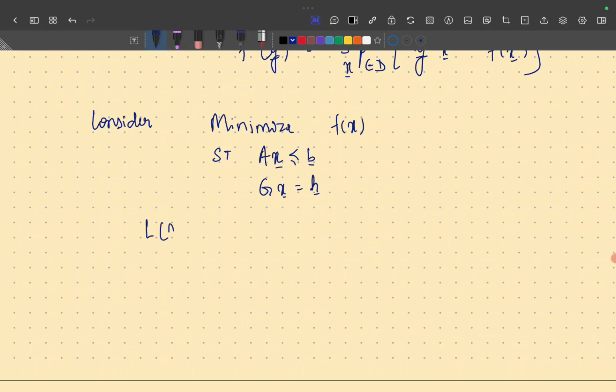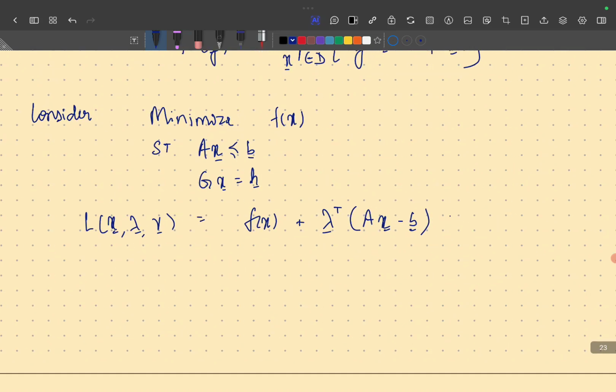Let's try to compute the dual of this particular thing. So the Lagrangian L of x, lambda, nu is equal to f of x plus lambda transpose (Ax minus b) plus nu transpose (Gx minus h).